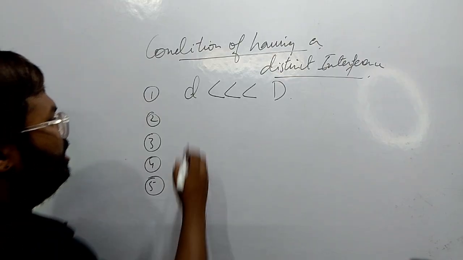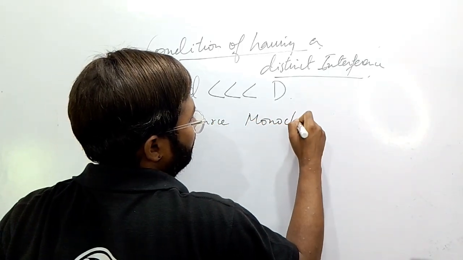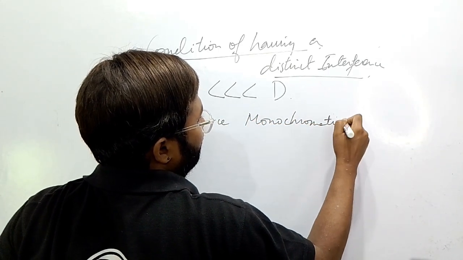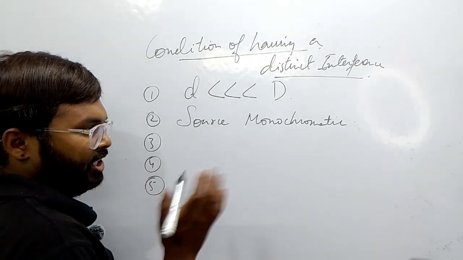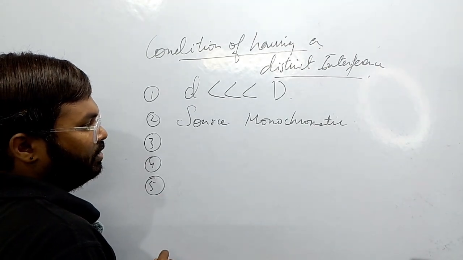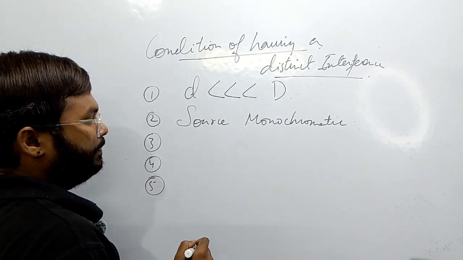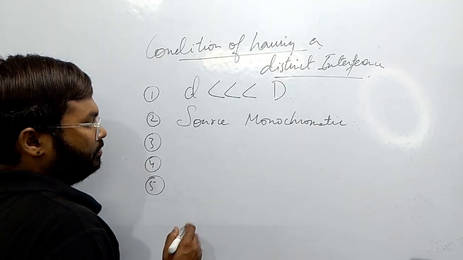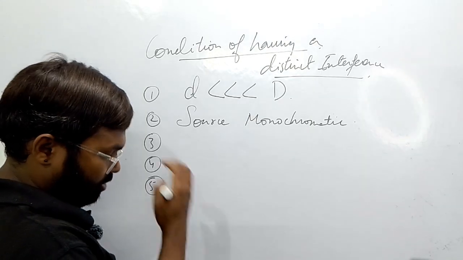Second condition, the source should be monochromatic. You have to use a single light source, a single color source. Clear now? And then, what is that called?